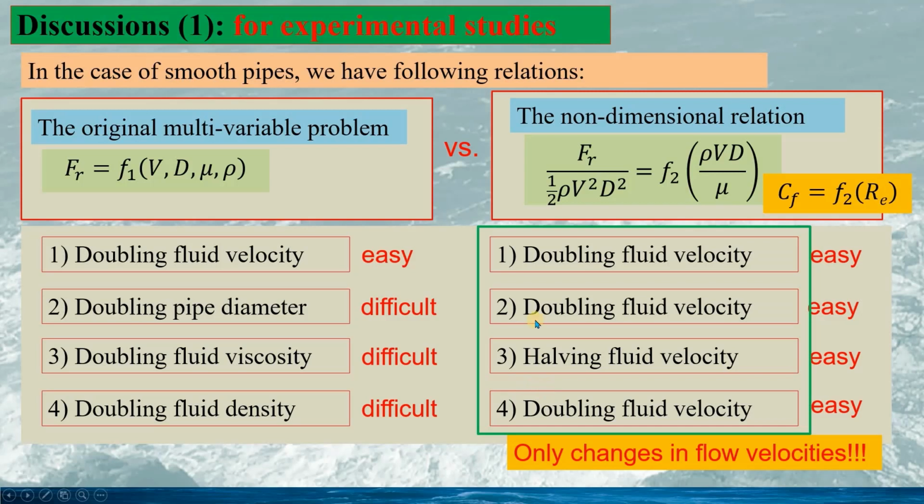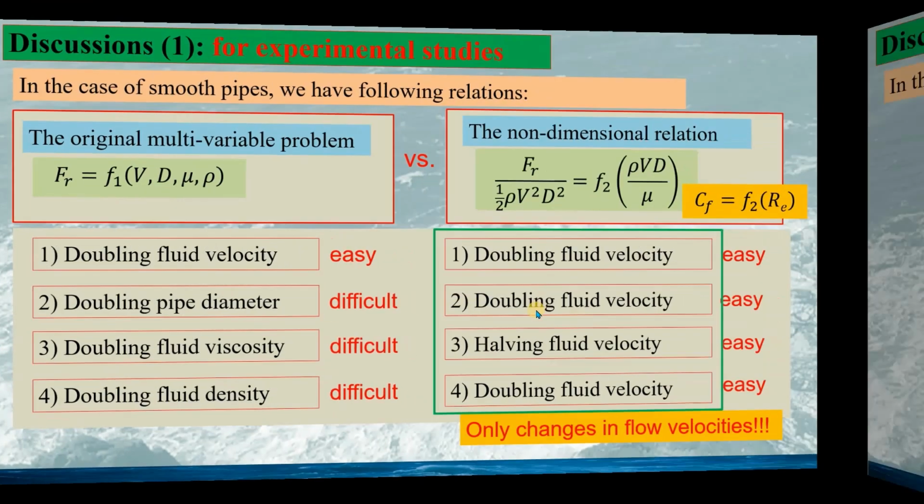So we can see after dimensional analysis, all these changes can be done simply by changing the fluid velocity. This would simplify the test very much, and this is the principle for most model tests in fluid dynamics.